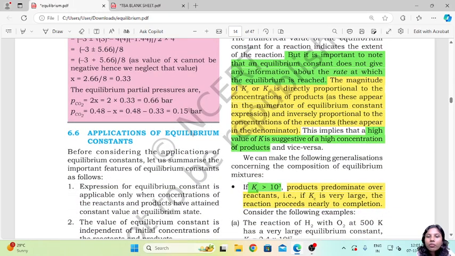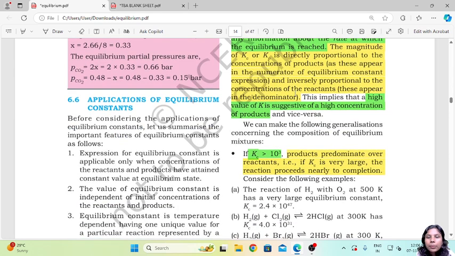So the magnitude of Kc or Kp is directly proportional to the concentration of the products, because we know the formula is Kc equals concentration of products upon product of concentration of reactants. So it is directly proportional to the products, which are in the numerator, and inversely proportional to the concentration of the reactants.